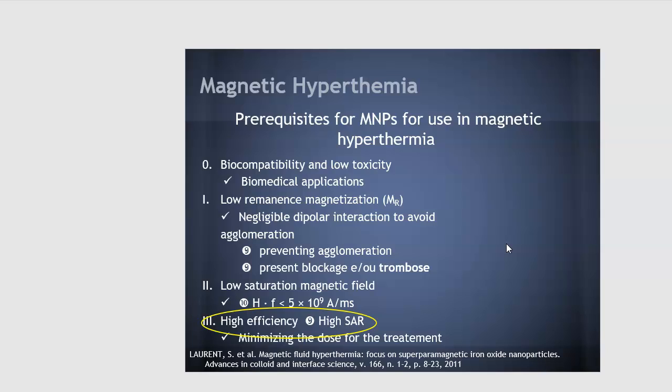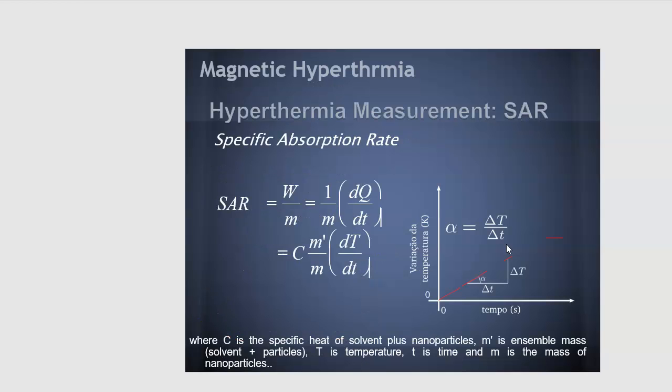And the last one is high efficiency. When we talk about efficiency, we are talking about the specific absorption rate and to minimize the dose for the treatment, and this can be represented by this equation, where this is basically the power absorbed per unit mass of the nanoparticle.